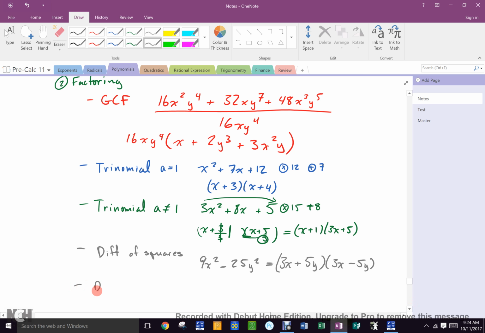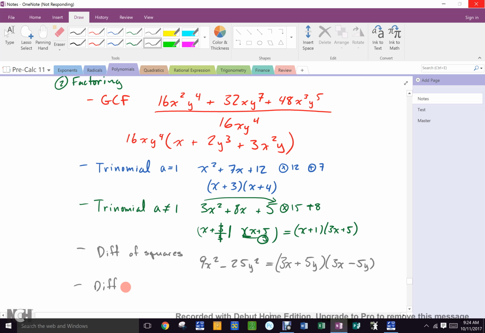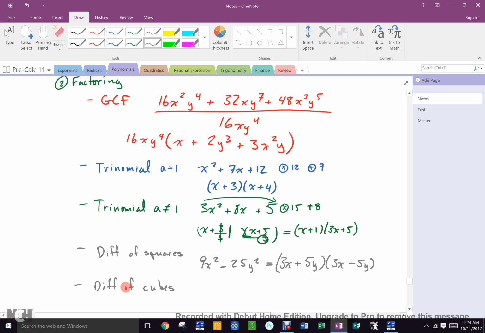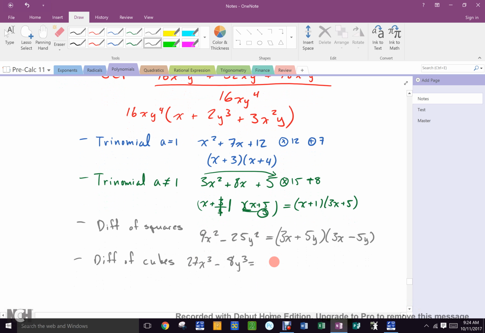And then finally, difference of cubes. 27x cubed minus 8y cubed. Starts out with 3x minus 2y.